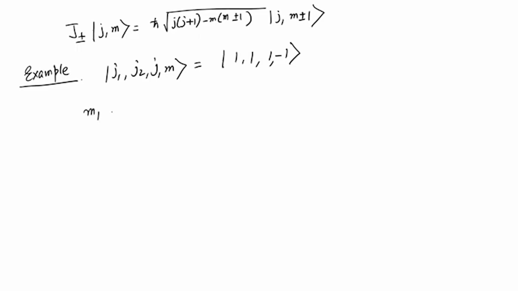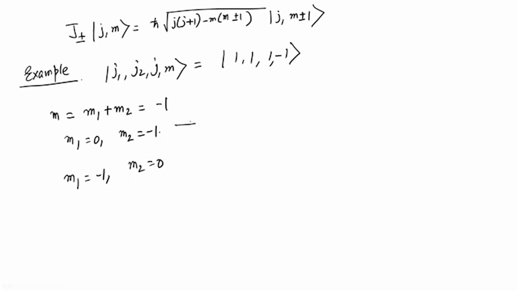So, it is very clear that M, which is equal to M1 plus M2, is equal to minus 1. This can happen from M1 equal to 0 and M2 equal to minus 1, or from M1 equal to minus 1 and M2 equal to 0.